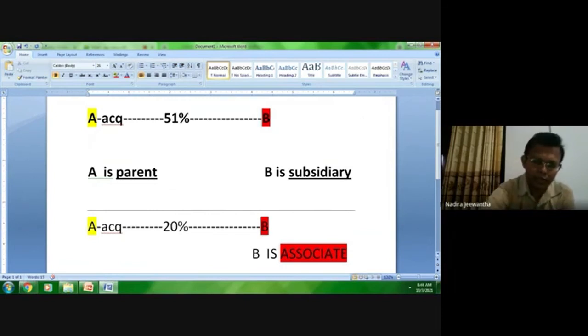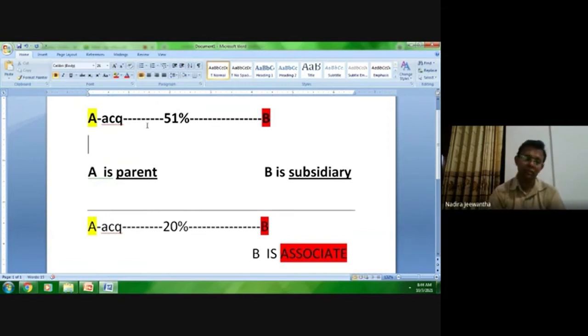If you see this, A acquires 51% of B means what? Company A is existing, and company B is also existing, but only the controlling stake is with A. A can control all the affairs.